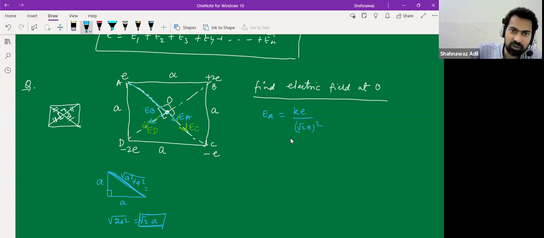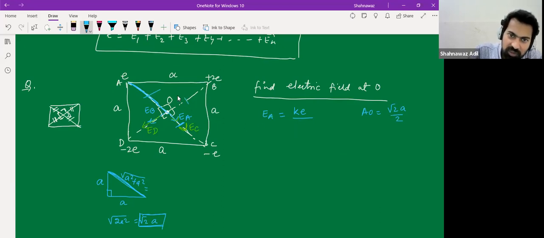So this is the diagonal, and the distance would be half of this diagonal, right? So AO would be root 2A by 2.